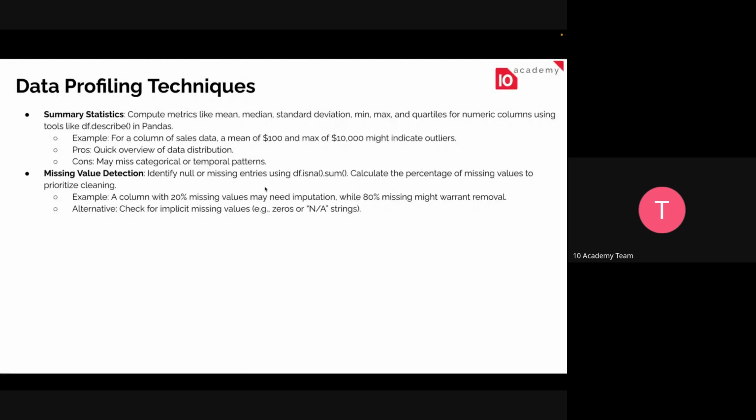Of course, this works for the numeric columns by using the describe method found in pandas. For example, for a column of sales data, a mean of 100 and a maximum of 10,000 might indicate outliers. We will see how we can identify outliers and how we can actually clean them.